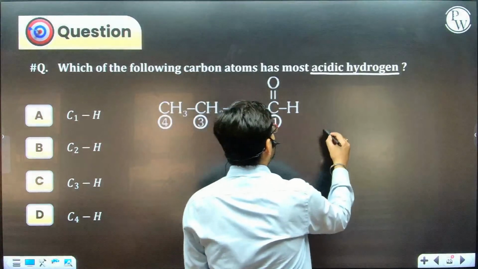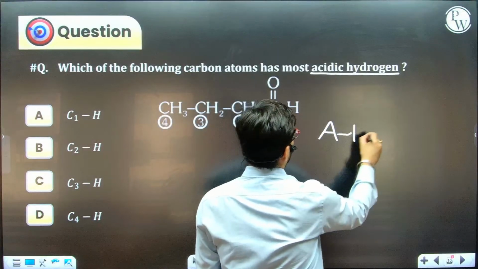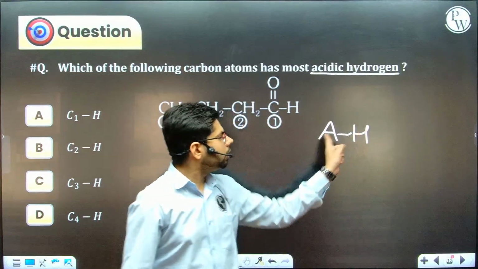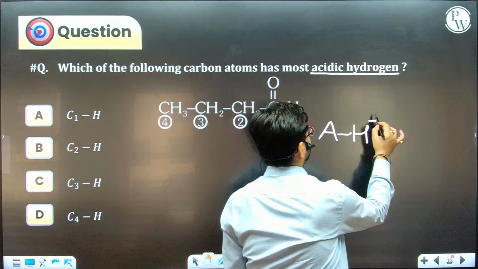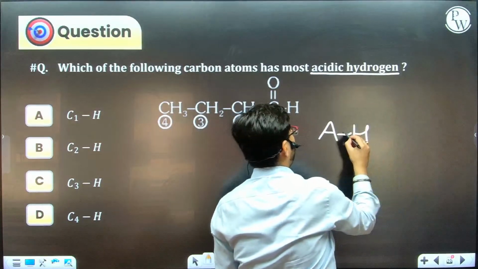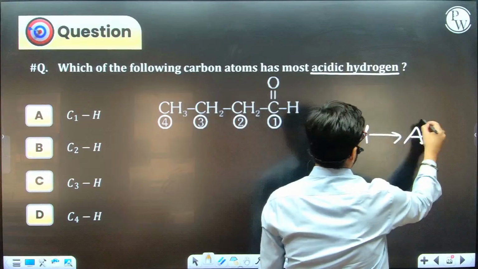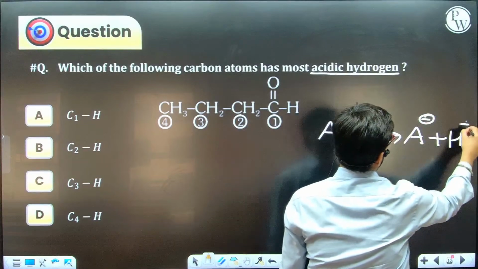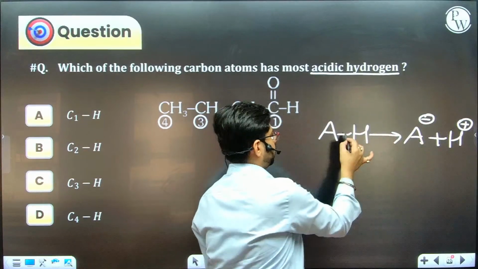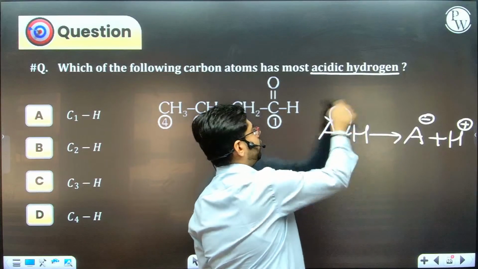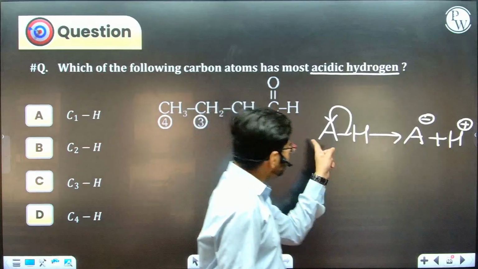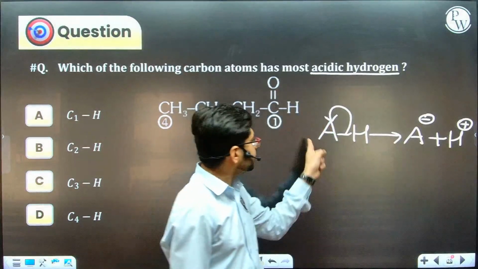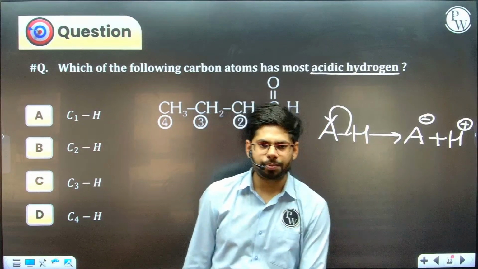For example, if AH has an acidic hydrogen, and that is this one, that means this H will go out in the form of H plus. This is what I'll get, because when the bond shifts towards A, H goes out as H plus. Now if this process happens easily, that means this substance is acting as a good acid.